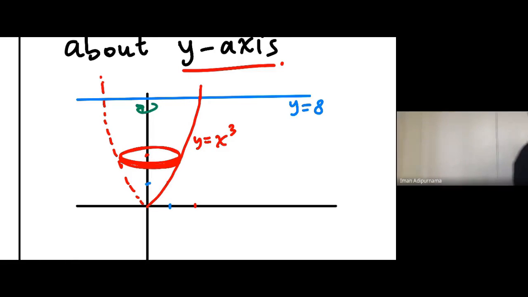Now the radius of the disk will be this, right? Now we need to use dy. This is dy, right? And this is x equals something. So we need to rewrite the function in terms of x. So x will be the cube root of y.